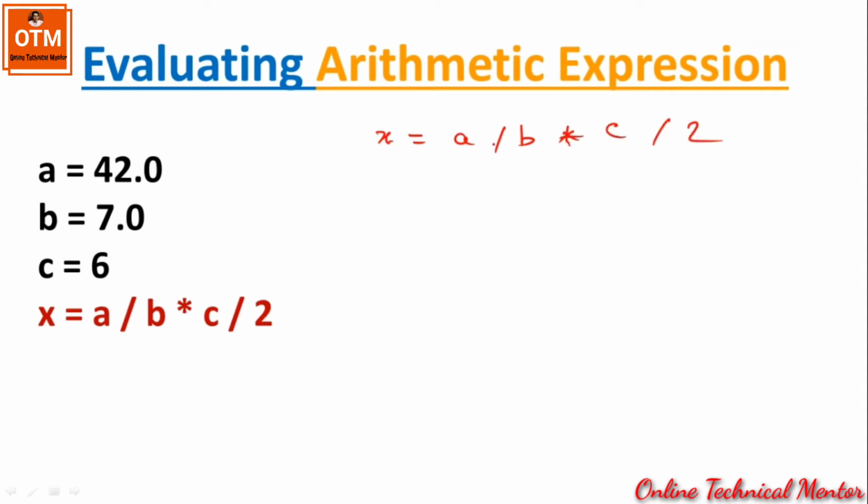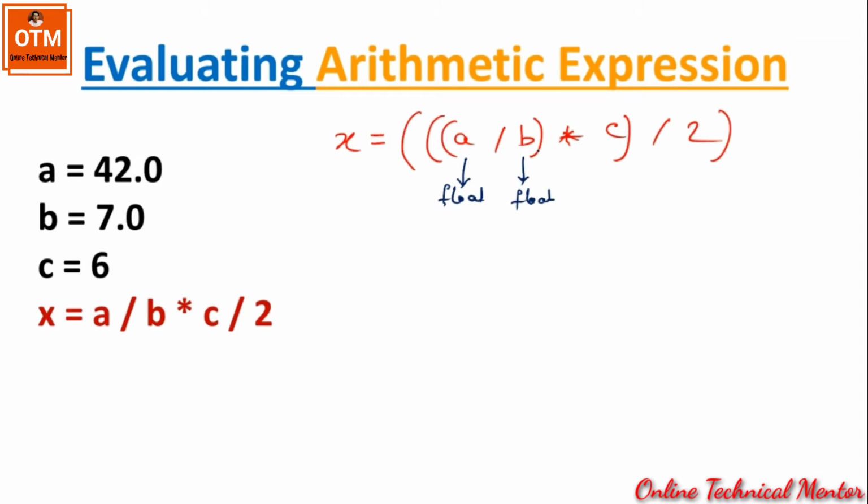Now a divided by b comes first, so you have to evaluate this one first. Then the result of a divided by b will be multiplied with c. Now the result of a divided by b multiplied by c will be divided by 2. Now a variable is float. b is also float.